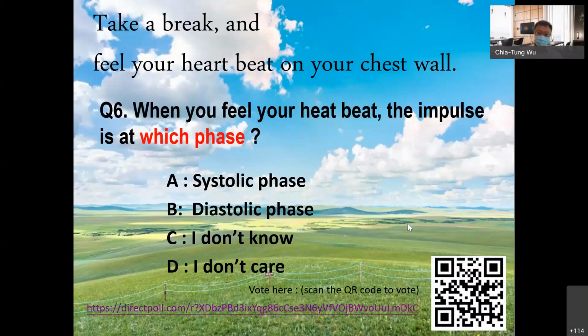An interesting question, because some of my students think that the heart shrinks when it contracts. So the heart expands when it is in diastole. So when you feel the heart, is it at the diastolic phase? Is this reasonable or not? Is the pulse at the systolic phase or diastolic phase?